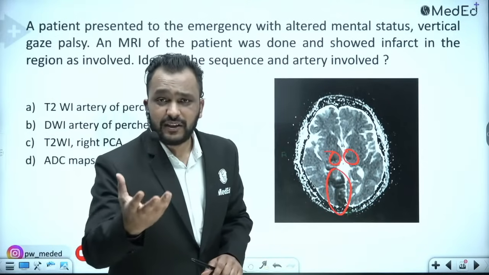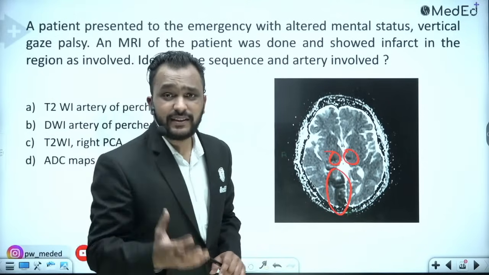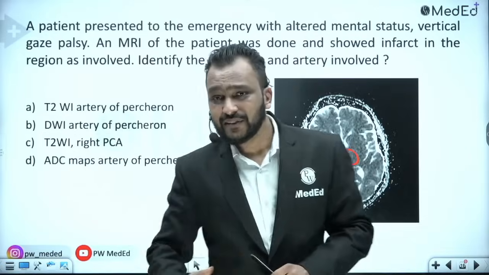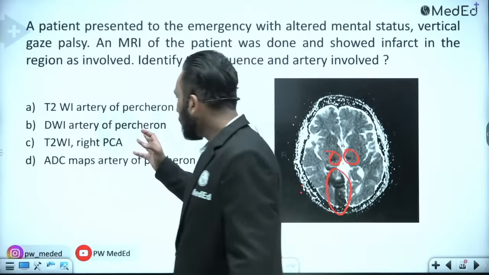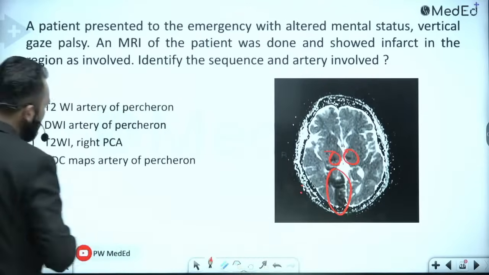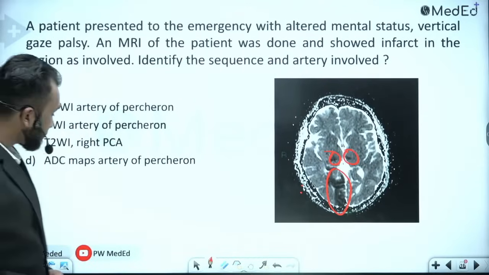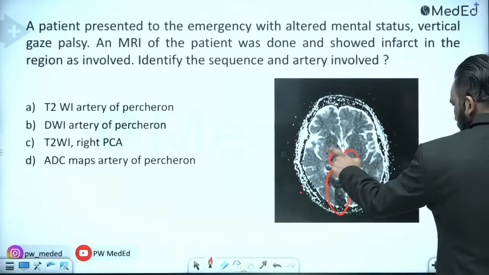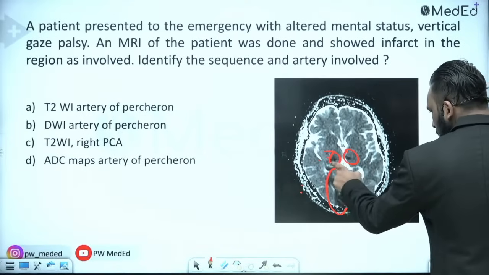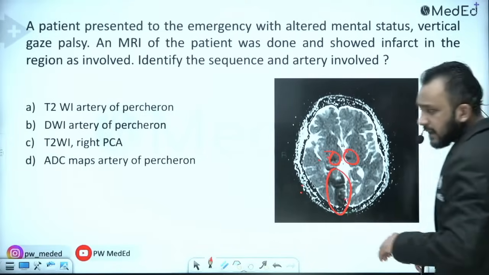This artery of Percheron supplies both the thalami as well as the occipital lobe. That is why, when there is an infarct involving the artery of Percheron, you will see dark areas in the ADC map in both the thalami and the right occipital lobe.